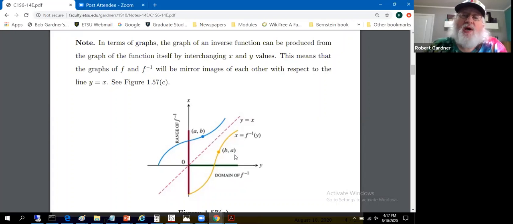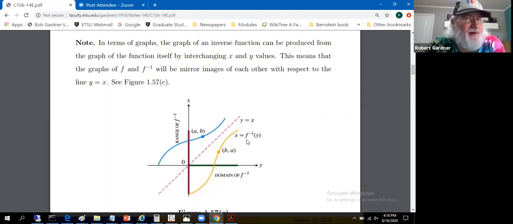Take a mirror image of it about the line y equals x, a reflection, and you would get a vertical line through this point BA. If I were to take this vertical line and fold it about the line y equals x, it would produce the corresponding horizontal line. So this interchanging of x's and y's interchanges horizontal lines for vertical lines.